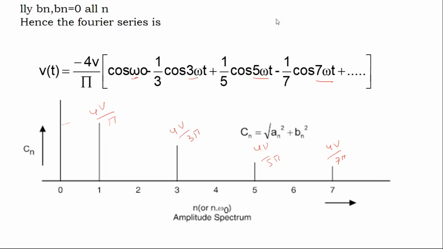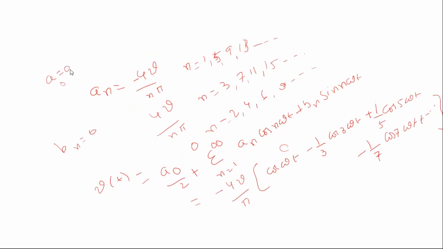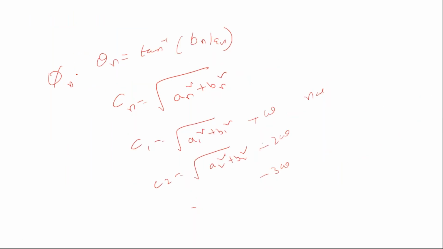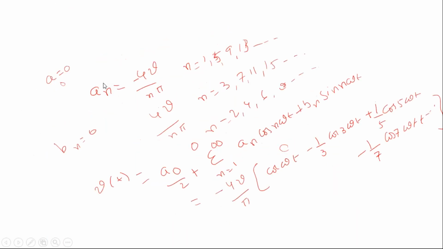Please try to understand. The moment you find the Fourier series, the Fourier series consists of the DC component. Observe here this A naught, which you can call DC or average value.